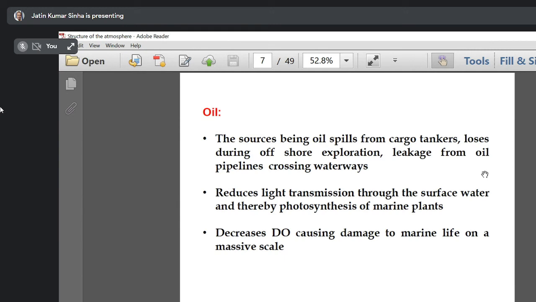If any leakage occurs there, it leads to catastrophic oil leakage. What happens due to this oil spill? Since oil is lighter, it comes to the top of the surface and blocks the surface of the water, which again blocks the diffusion of air into the water and reduces the dissolved oxygen. A decrease in dissolved oxygen leads to different kinds of marine problems.